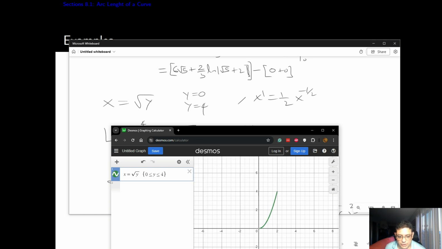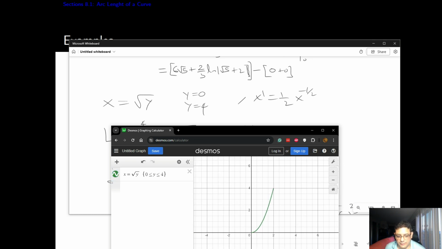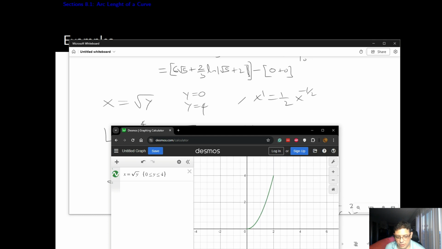And so this actually showcases the curve that you're measuring. You're measuring the length of this curve over here. You can do the same thing for all the others.